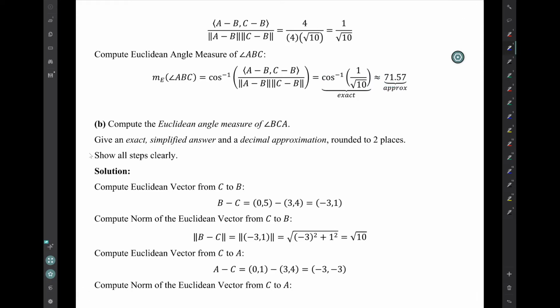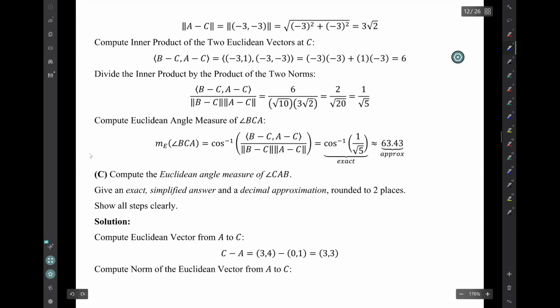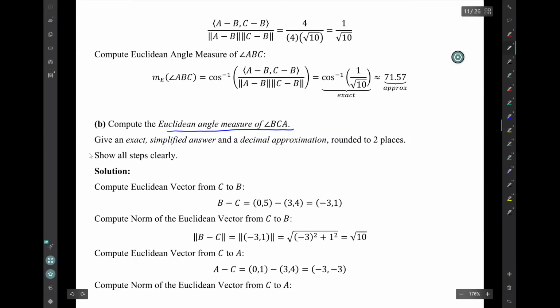All right, question B is to compute the Euclidean angle measure of angle BCA. Well, we do the exact same sort of thing. Our goal is to build that expression and find its value. So you can see that I do the same kind of steps that I did in part A. I find this Euclidean vector, and then I find its norm.